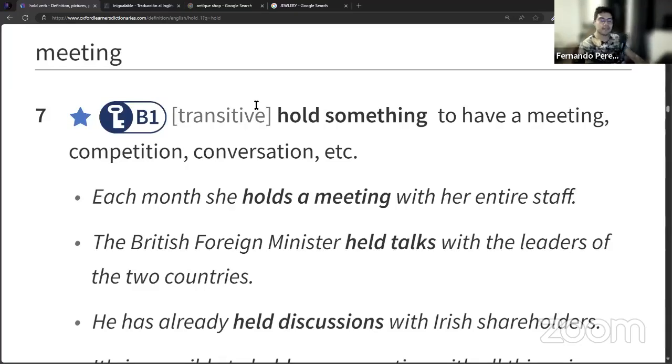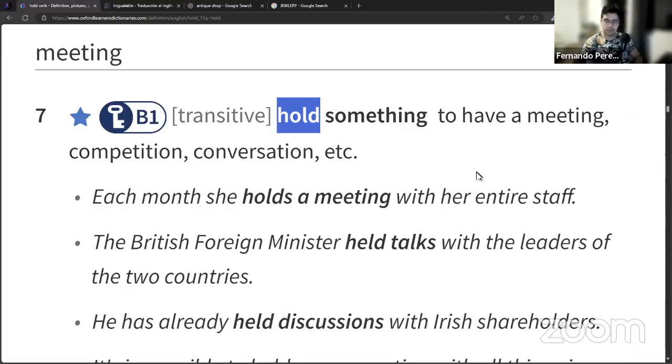This verb can be used to talk about the room, or the location of an event. For example, in Mexico City, the World Trade Center holds expos every year. The World Trade Center in Mexico City holds expos every year.